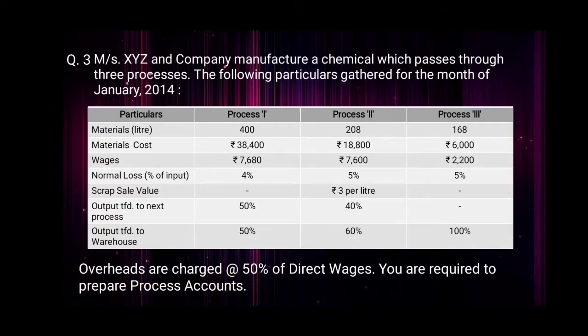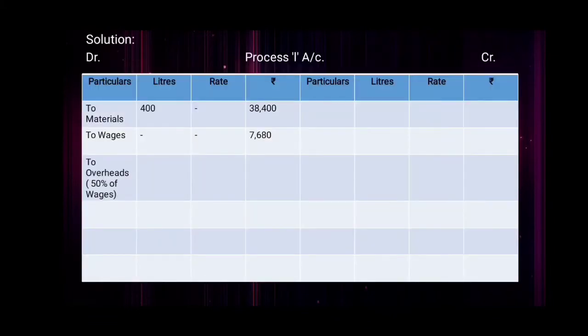So the direct wages amount is given as 7,680. So 50% we have to calculate. To overheads, so 50% will be 3,840.